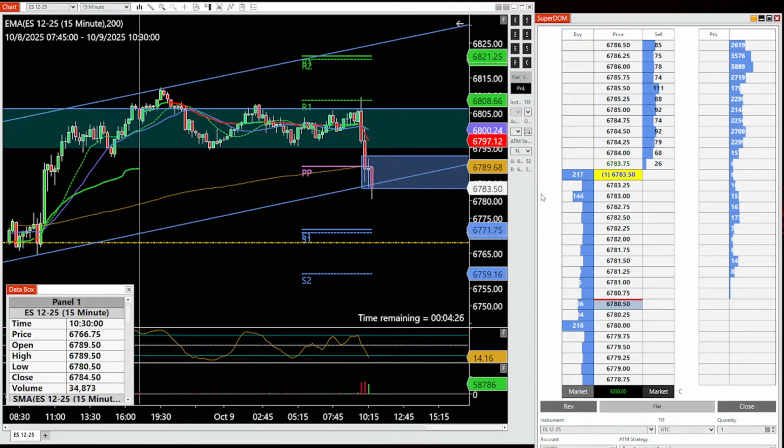Trying to stack a little orders. They absorbed it. Took it.